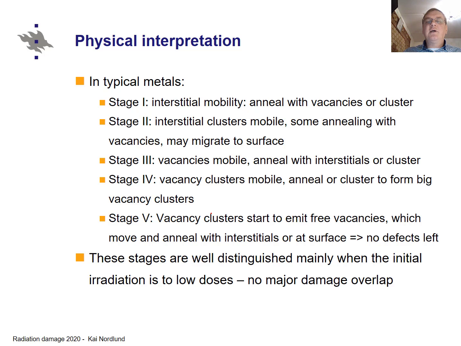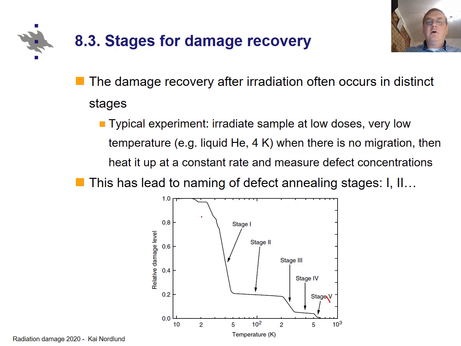And from these decades of work I mentioned, there is a good consensus that in typical metals like copper, where this image was from, stage 1 is interstitials becoming mobile. So at first you have no mobility, then some close Frenkel pairs recombine here and here, but then the main part of stage 1 is when interstitials become mobile.